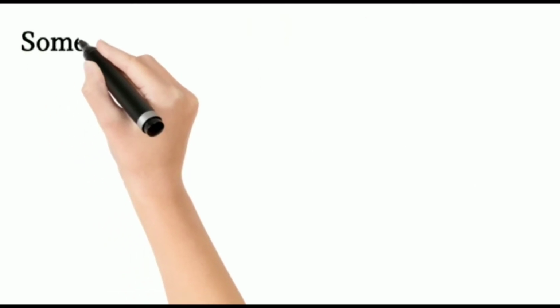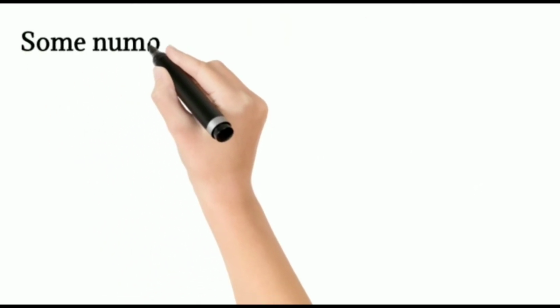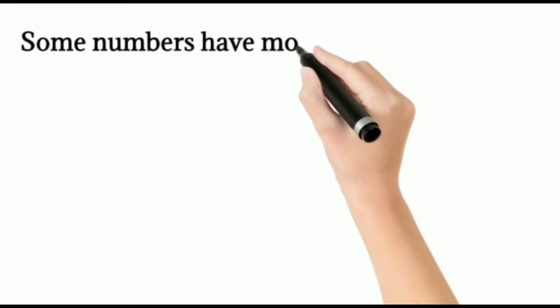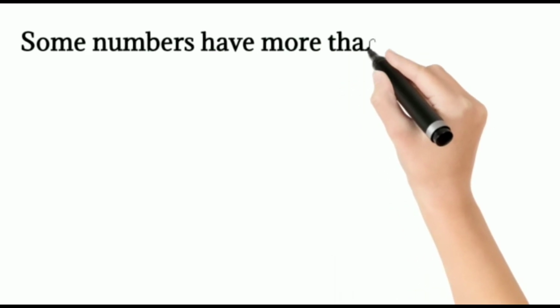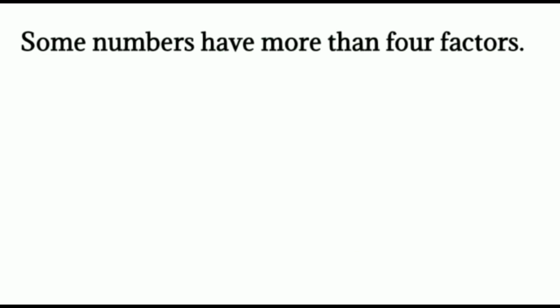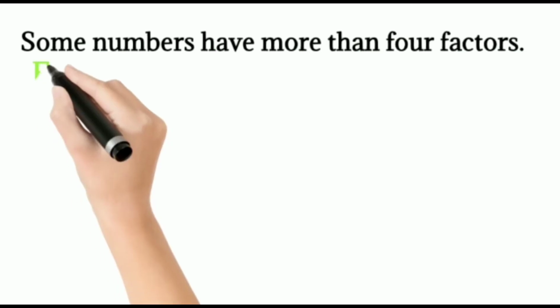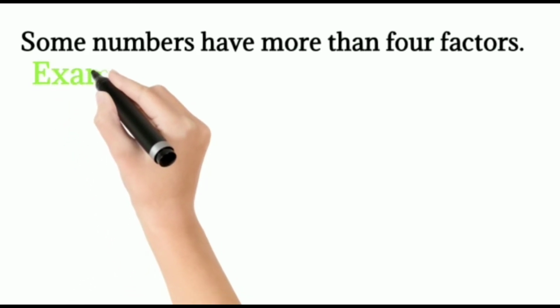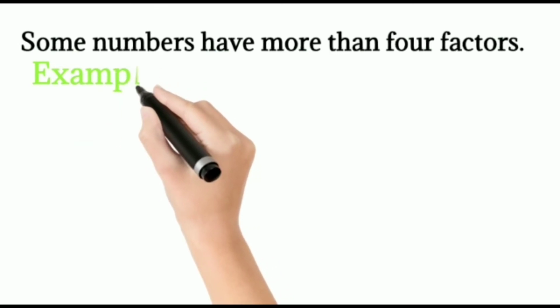Next, some numbers have more than 4 factors. You know that every number is a factor of itself. Also, 1 is the smallest factor of every number. Then how will we find the factors of a number? Example, we are taking 18.